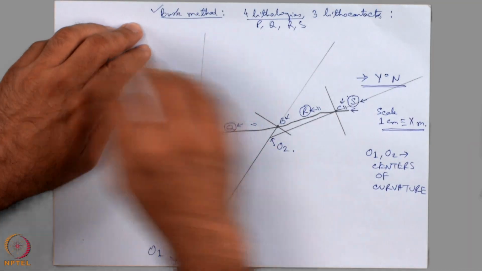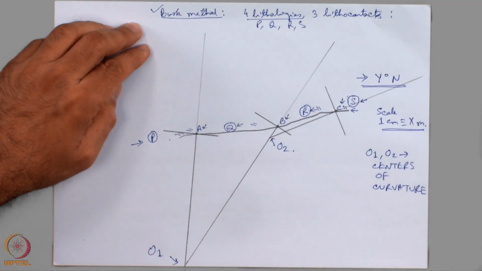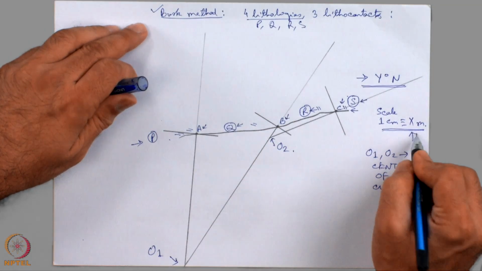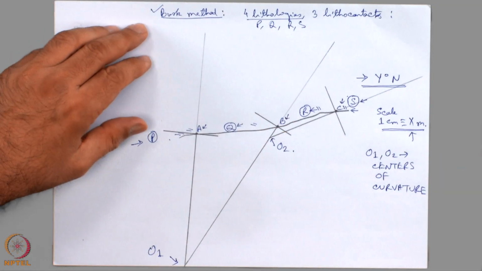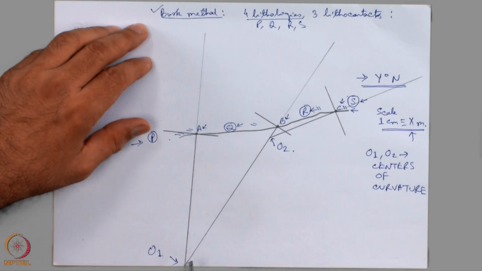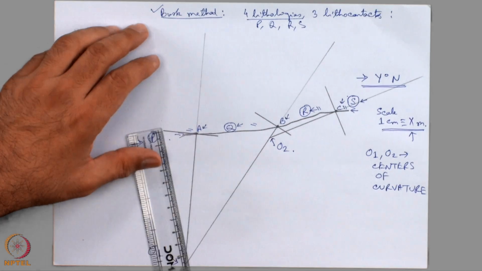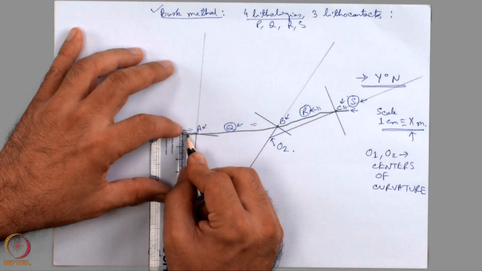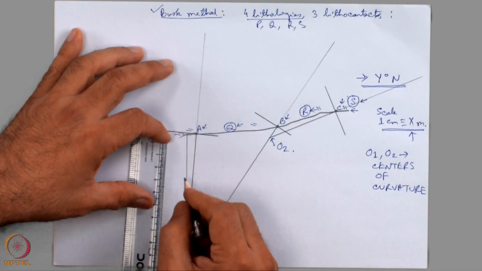So, at what depth O1 and O2 can be found? We can follow this scale. 1 centimeter is equivalent to x meter, and from O1 I can drop a normal on the ground surface, define the surface, and from here I can drop a line.